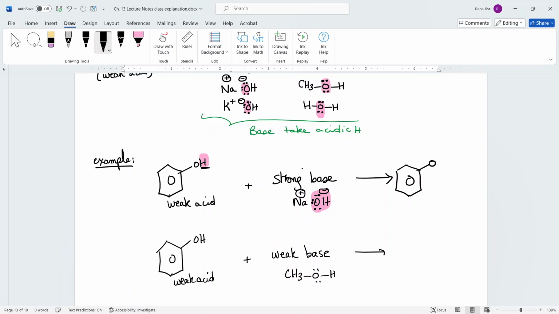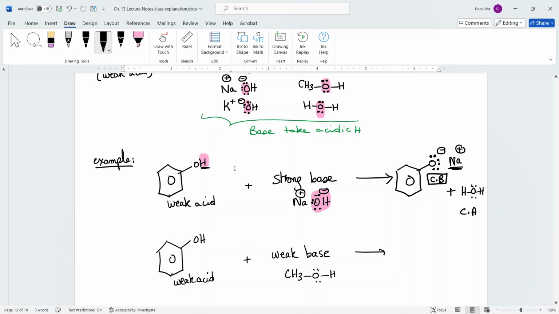That is going to be my conjugate base because it has a negative charge. That conjugate base will be balanced by any positive charge in the solution, plus the base will turn into a conjugate acid, meaning that OH will take the hydrogen and will make water. And I'm going to end up getting my conjugate acid, and this one is going to be my conjugate base.